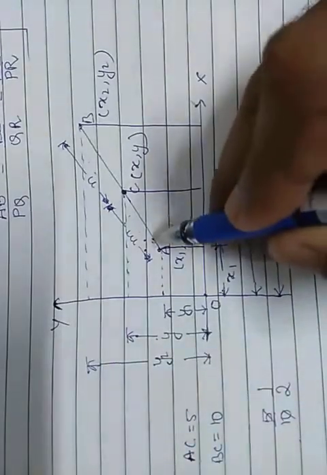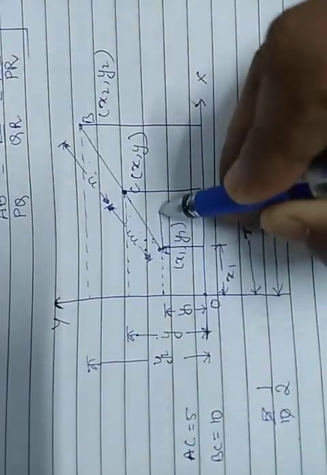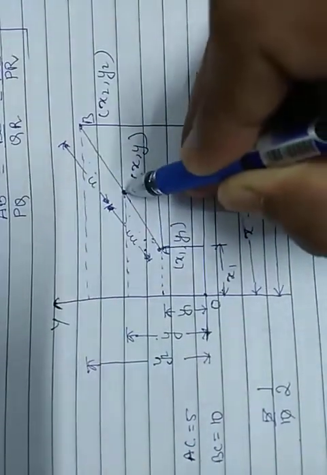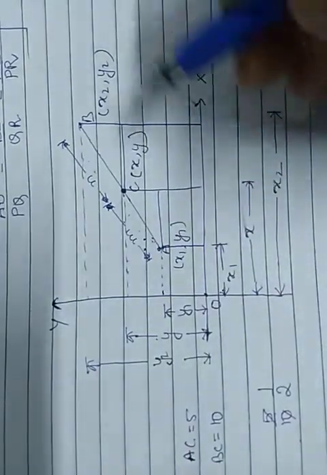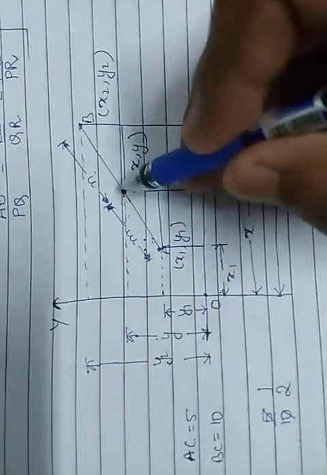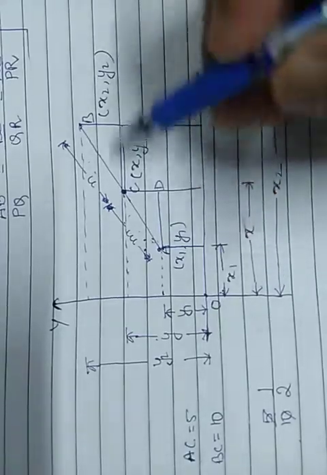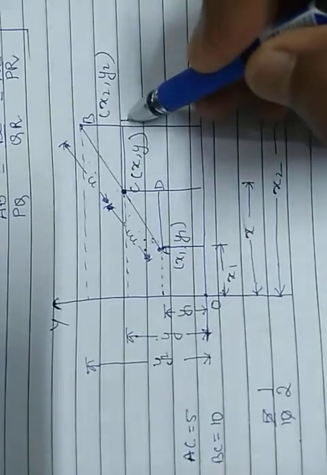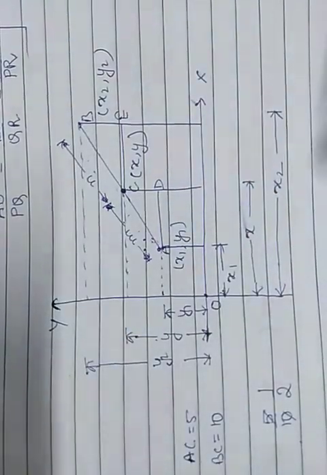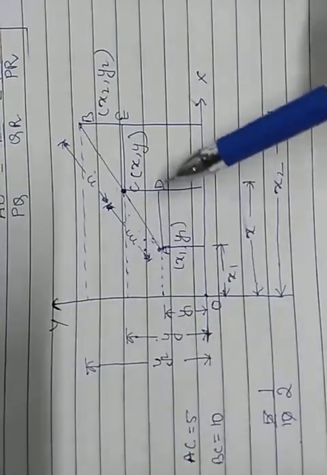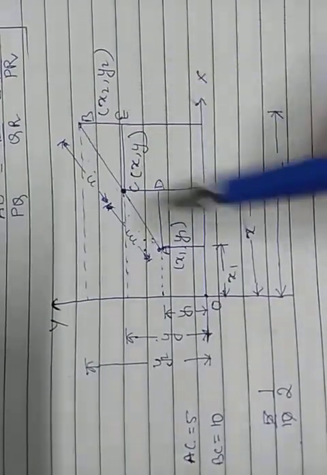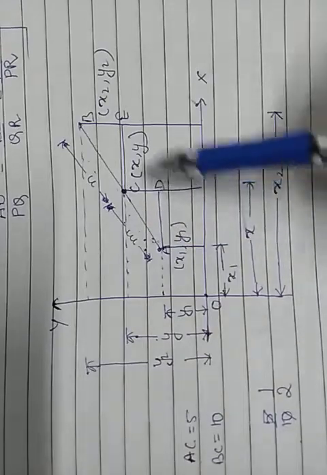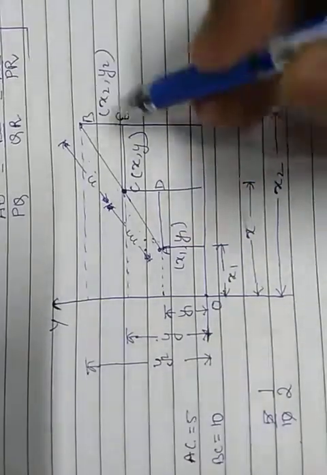Now I will draw a line parallel to the x-axis and another line parallel to the y-axis. Now we have two triangles. This is AC, let this point be D, and CB, let this point be E. So we have two points D and E, and we have two triangles ACD and CBE.